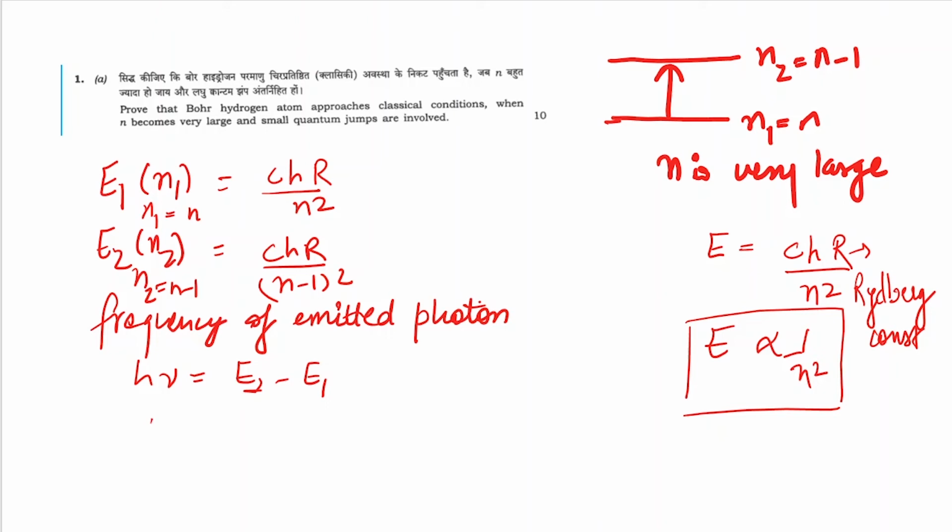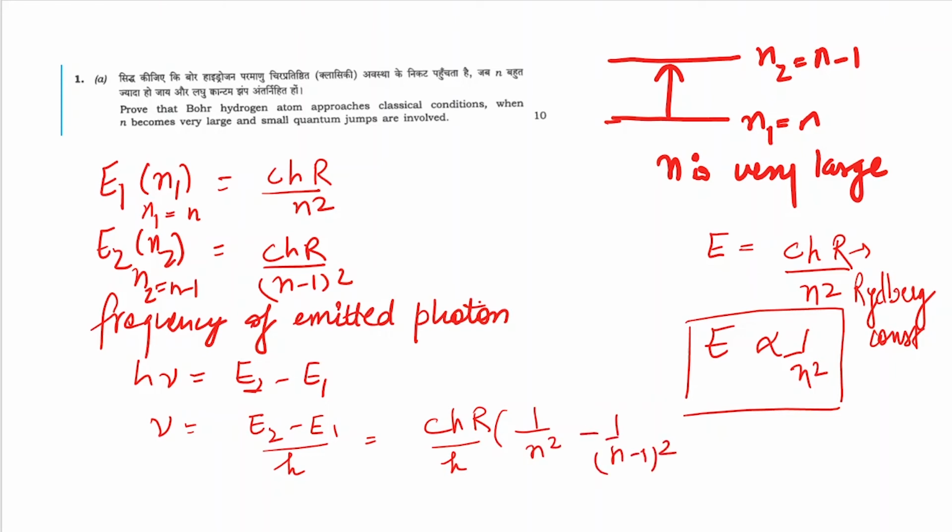So nu comes out to be E2 minus E1 over Planck's constant. So C H R we can take out, this constant over H, times 1 over n minus 1 whole square minus 1 over n square. So we can further solve it.